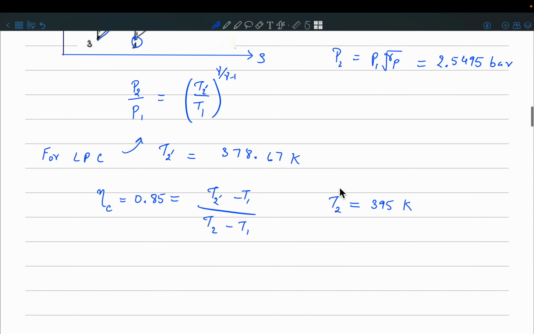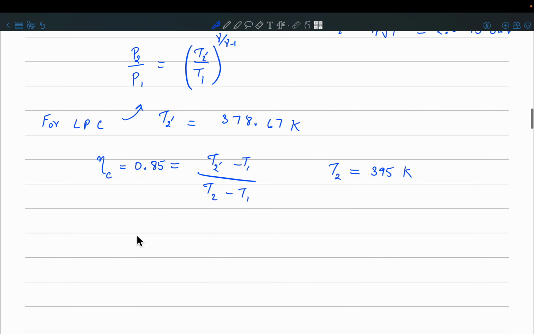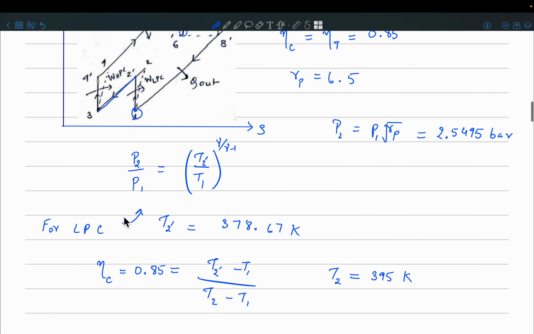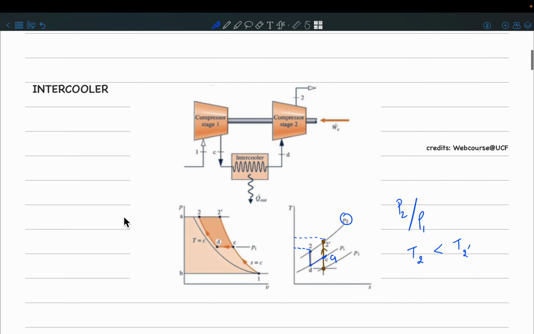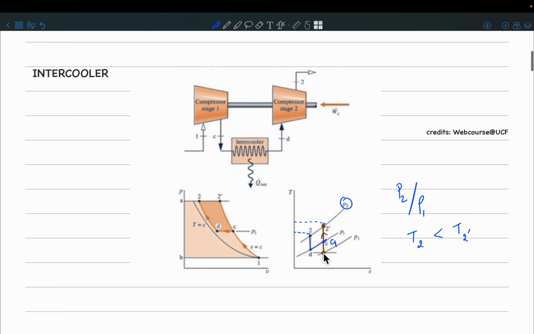Okay, so if you go back, what was asked was the exit temperature at the high pressure compressor. So we have solved for only the low pressure compressor. So now we will do it for the high pressure compressor. But if I go back to your intercooler diagram, you can see that despite using the intercooler, I should have achieved this temperature which is lower than what you would achieve in the direct path, right?